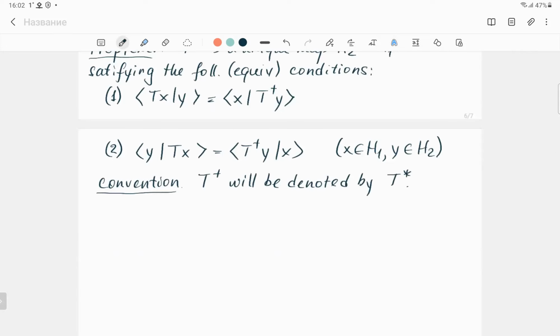But when we work with operators between Hilbert spaces, usually there is no need to work with dual spaces and with dual operators. So when we work with Hilbert spaces, we always denote by T star not the dual operator, but the adjoint operator. And usually this doesn't lead to any confusion.